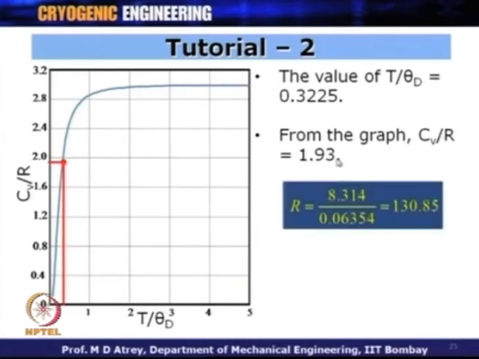Once I know Cv by R, I just multiply it by R, and to get R, what do I do? Universal gas constant divided by the weight which is given, 63.54 grams per mole, and which gives me the value of R to be 130.85, which is a specific gas constant.